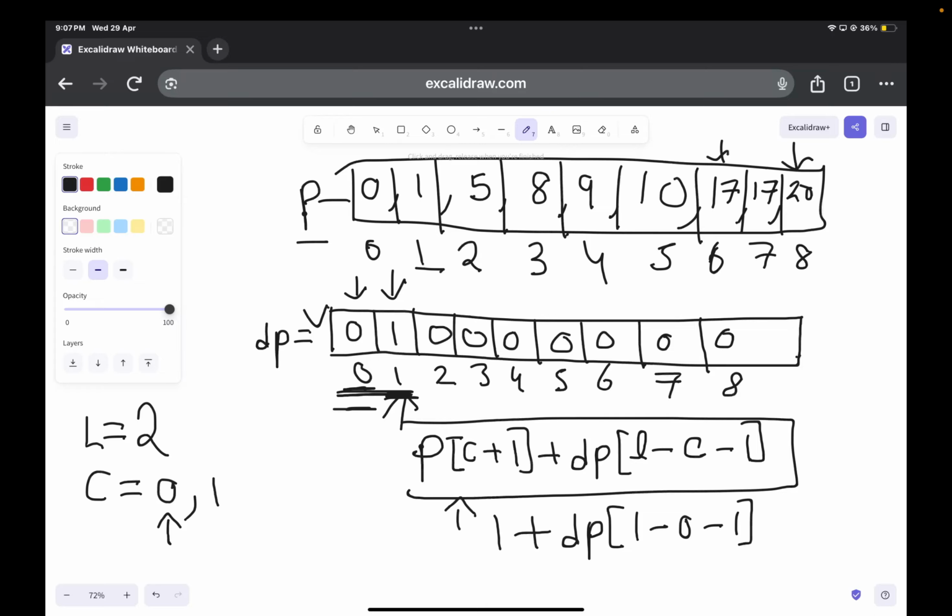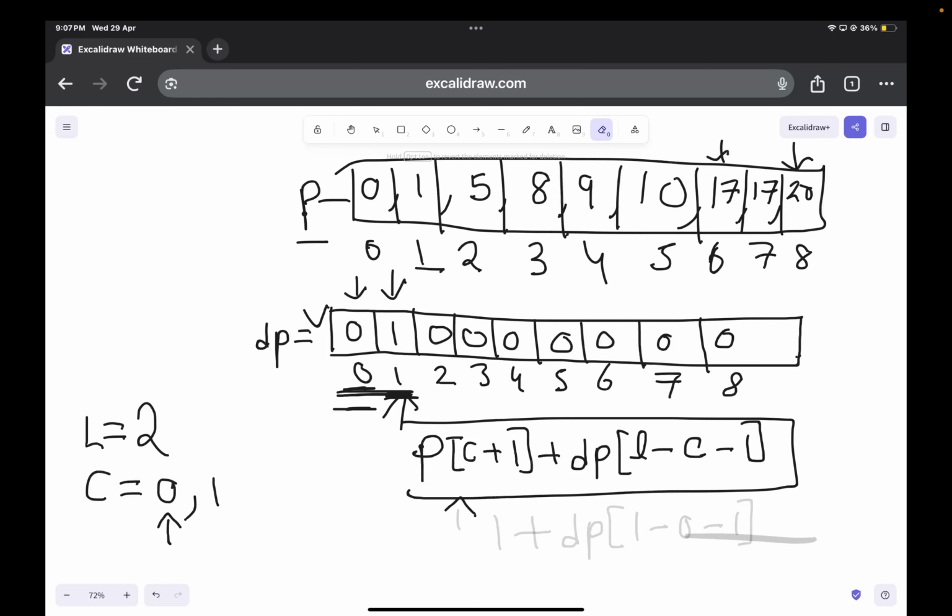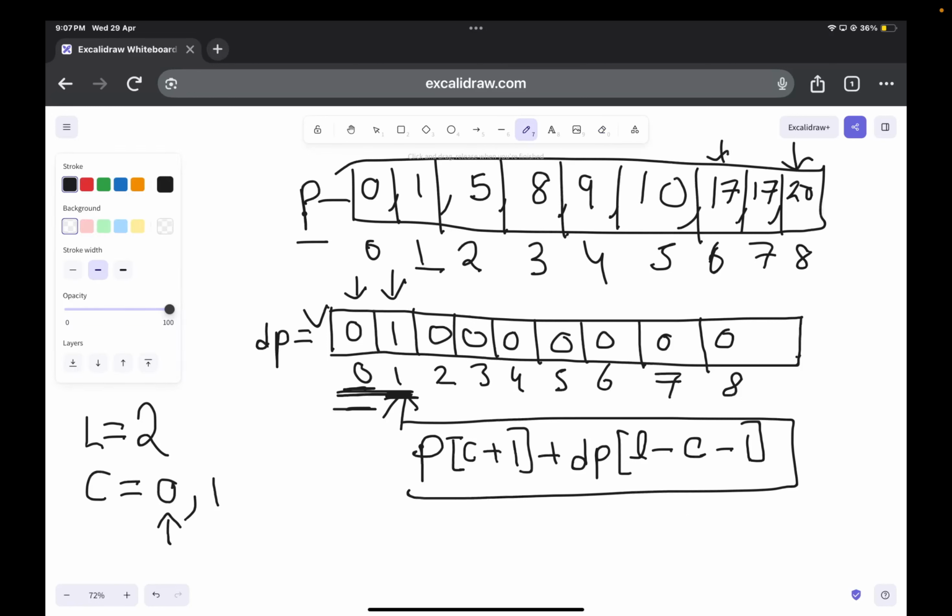So first, what is the value, guys? Let's find it out again. My cut is 0 right now. What is 0 plus 1? P of 0 plus 1 is 1. So P is 1, right? And dp of L is 2, cut is 0, 2 minus 0 is 2, 2 minus 1 is 1.